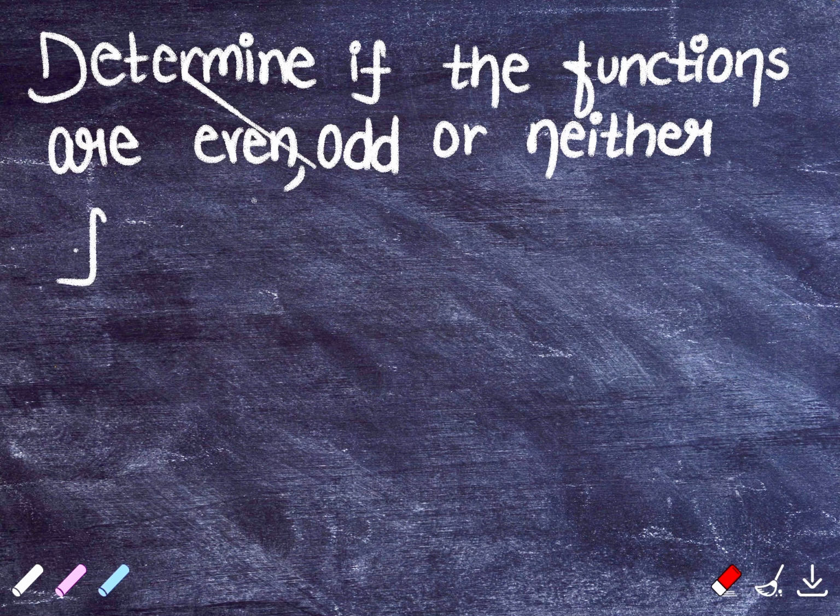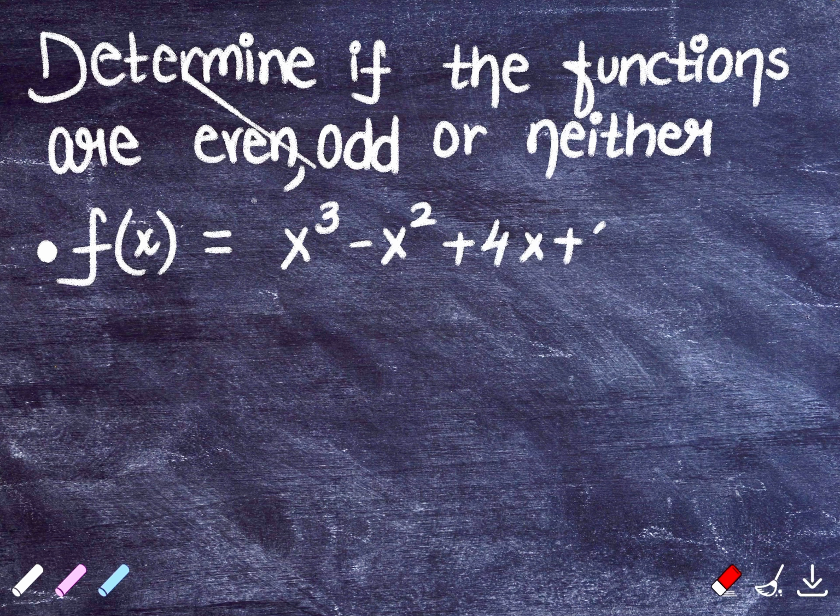So let's write down the questions related to it. The first one is f(x) = x^3 - x^2 + 4x + 2. So you can just graph the given function either on your calculator or Desmos, and you can see the shape, and from the shape determine what type of function it is going to be.